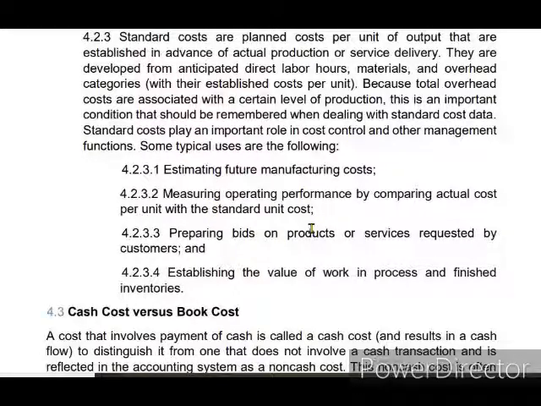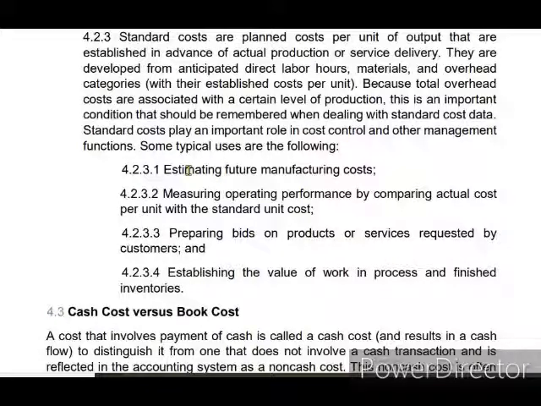Because when the actual cost is higher than the standard cost, then it means that the performance is low. The actual cost should be at least the same as the standard unit cost, but it should not be higher, for the performance to be good.